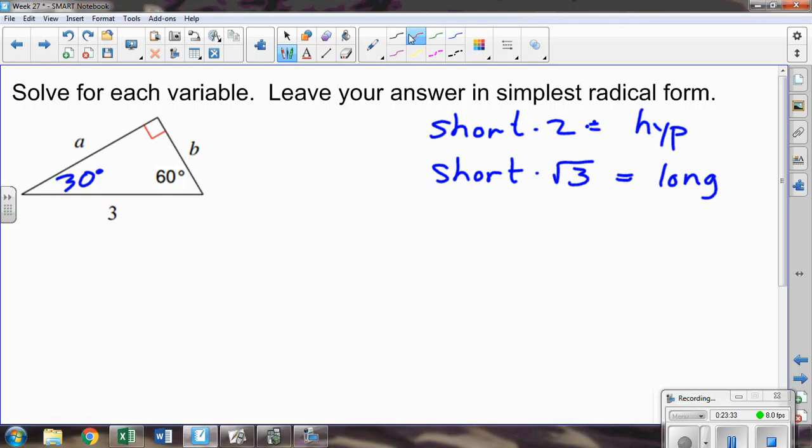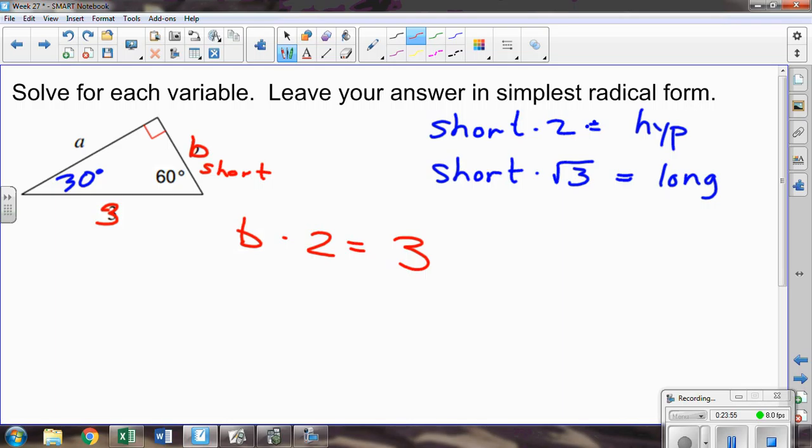So which piece are we given? This number 3. It's the hypotenuse. So we would have the short leg, which is B. So we'd have short multiplied by 2 equals hypotenuse. What is the value of your short leg then?